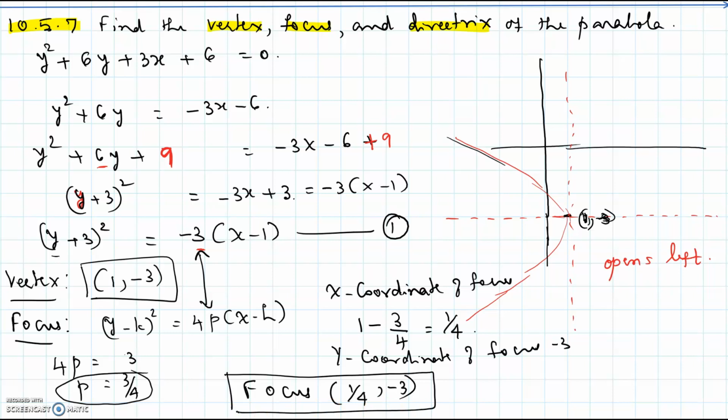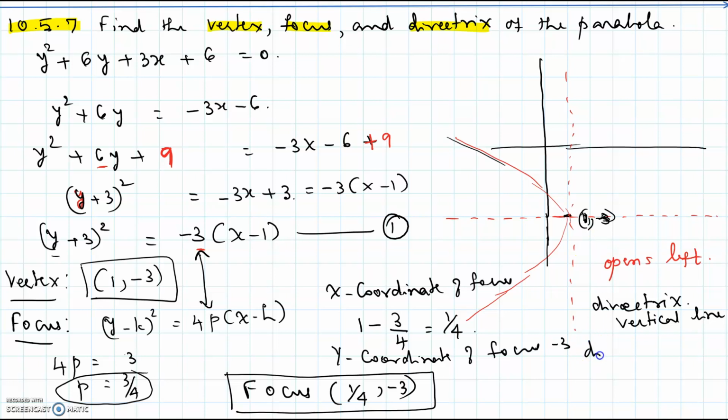Then the last part is the directrix. Directrix is a line. In this case, it is a vertical line because it is a horizontal parabola. It's a vertical line which is at a distance of p units from the vertex, so you have to add p units to the x coordinate of the vertex.